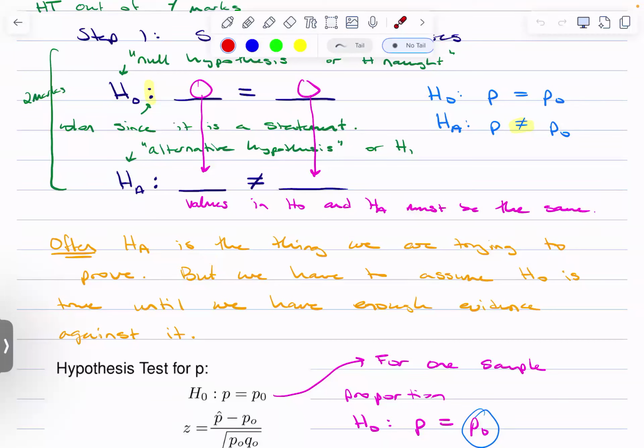Okay? And we do all our testing assuming that the null hypothesis is true until we have enough evidence against it, right? So we assume that P is equal to P naught until we find, oh, okay, that's actually pretty unlikely, right? And that brings us way down to the P value later.